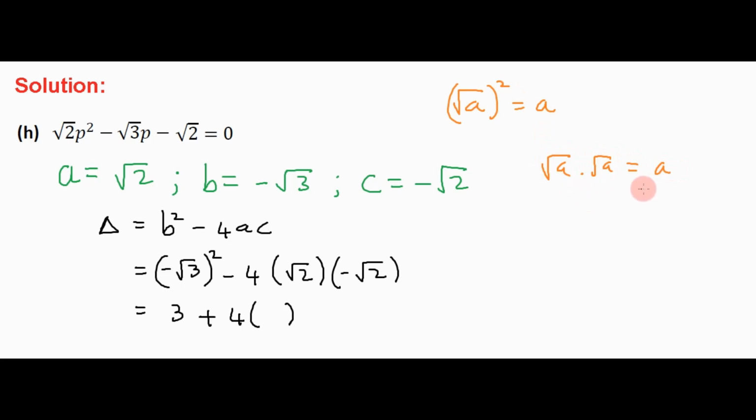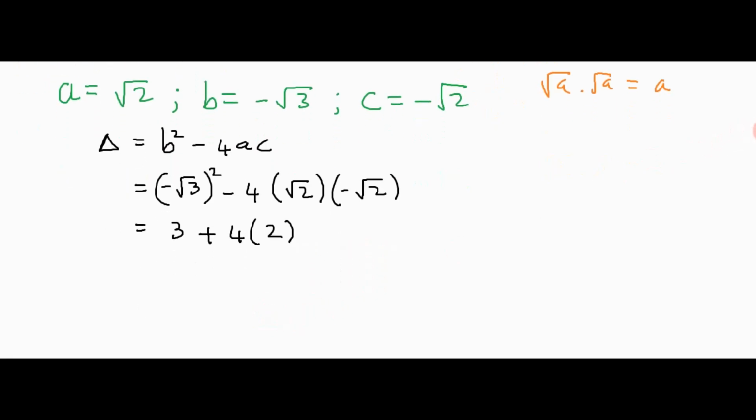This is using the laws of surds. So the square root of 2 times the square root of 2 is just 2. This, of course, is 11. So we can see that delta is greater than 0, but not a perfect square.